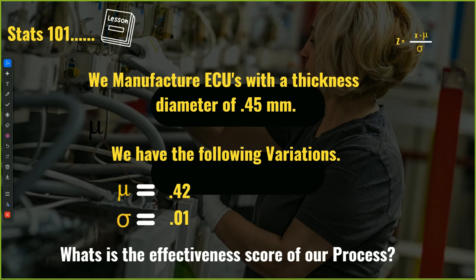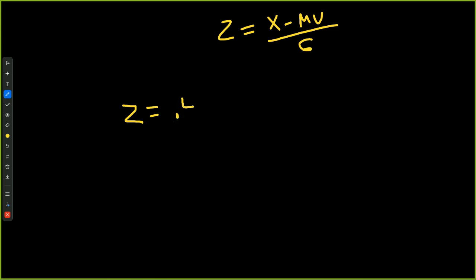So looking at this, we have the following variables. We have to set up our formula, right? And remember, our formula is z equals x minus mu divided by sigma. To plug in our variables, z equals x, which is our observation, and we know that's going to be 0.45, minus mu.